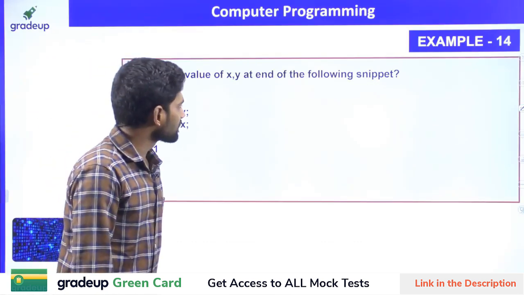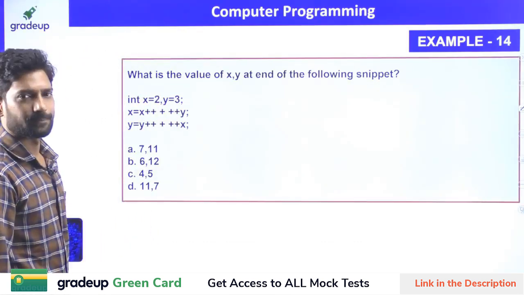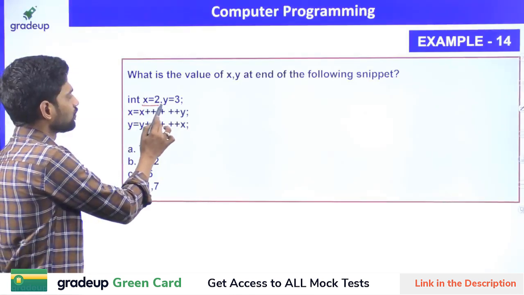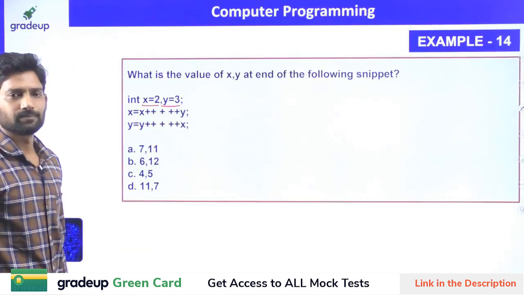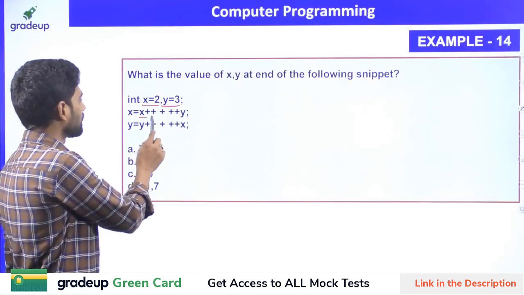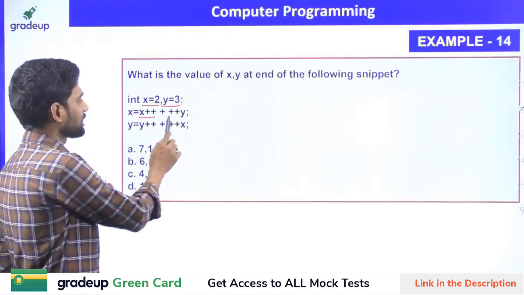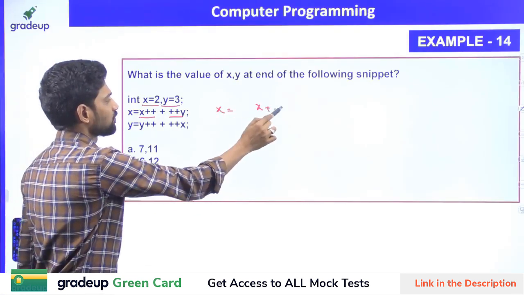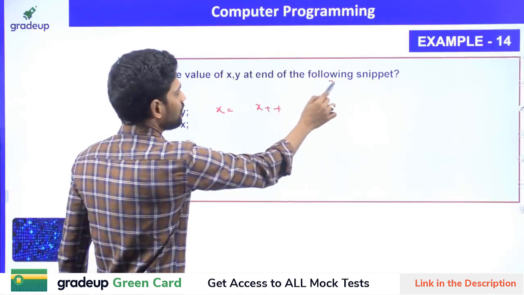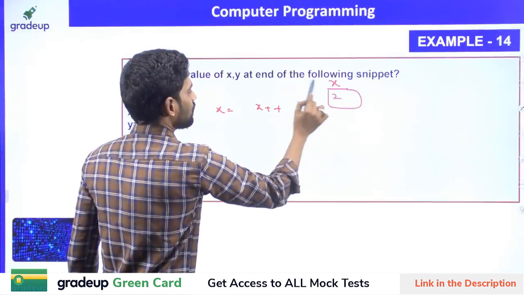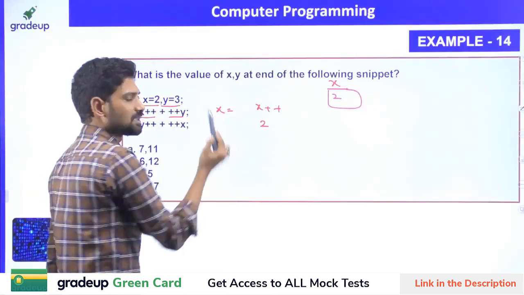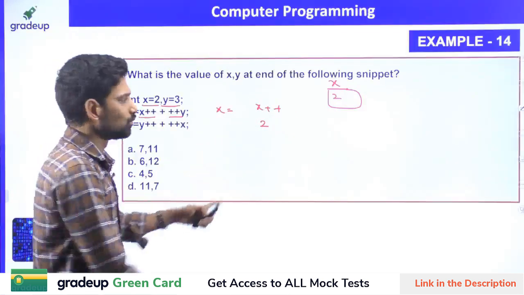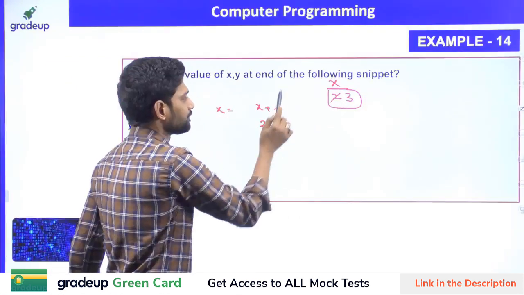What's the value of x and y at the end of the following snippet? x is equal to 2, y is equal to 3. x is equal to x plus plus plus y. So x plus plus will take x value first, because this is post increment, that will return 2 and then it increments.